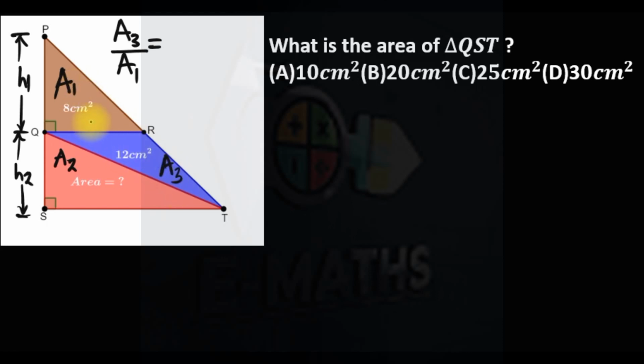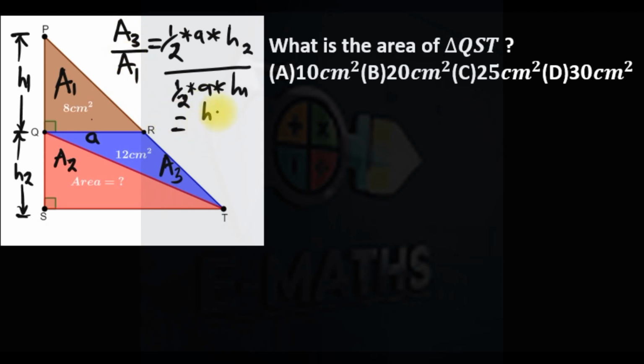So if we call the common base A, so let QR be A. So you see that area of A3 is half base times height, and the height is H2. Why for A1 is half the base is A, why this is H1. So you can see that A3 over A1 is H2 over H1.